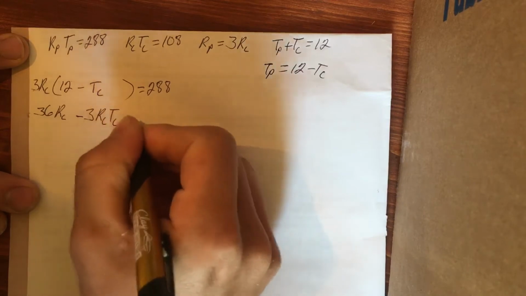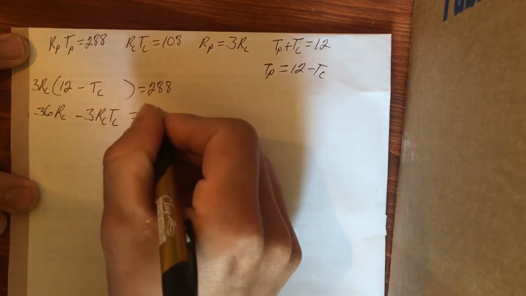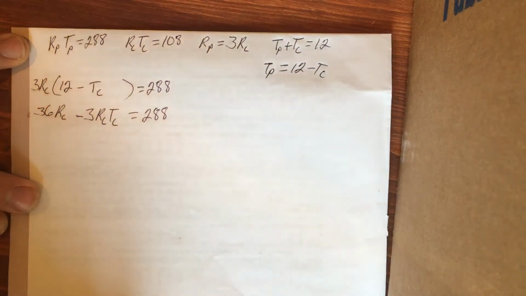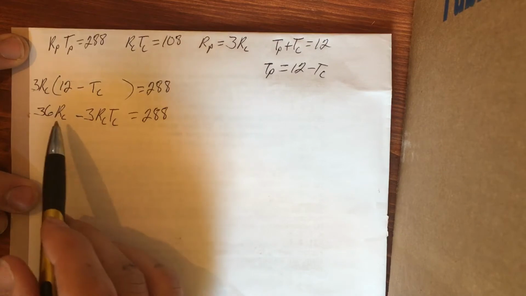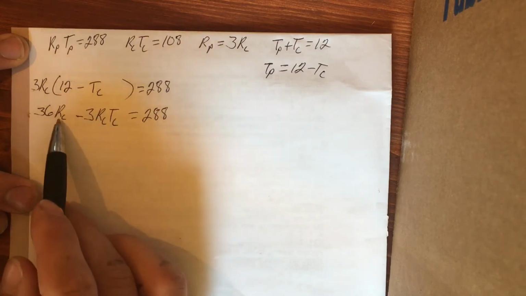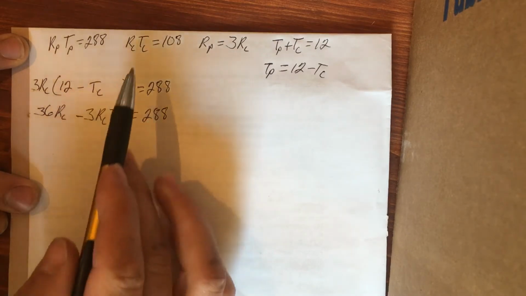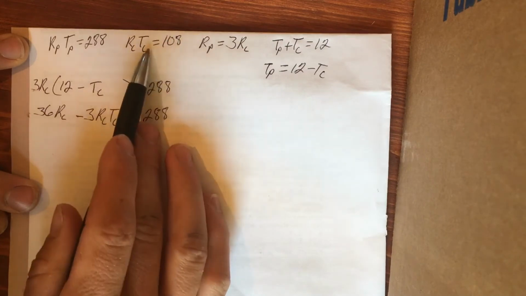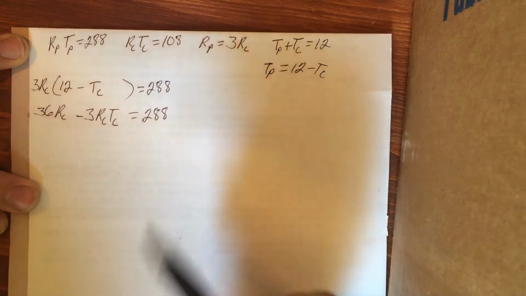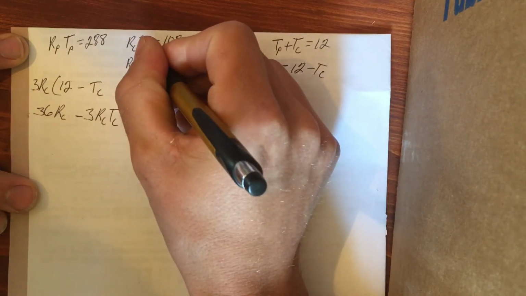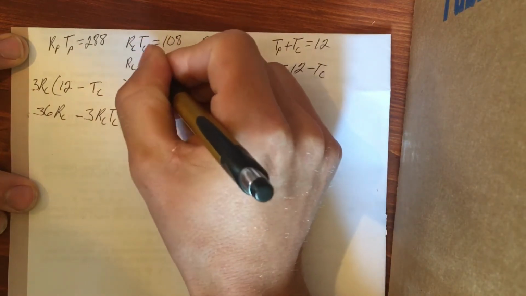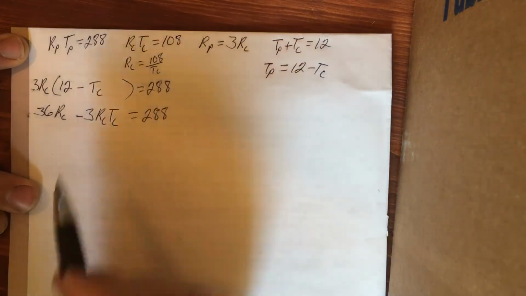3RC TC equals 288. Okay, now where do we go from there? We still have RCs and TCs showing up at different places. We could try to substitute an RC here and change this formula to RC equals 108 divided by TC, and we don't want division.